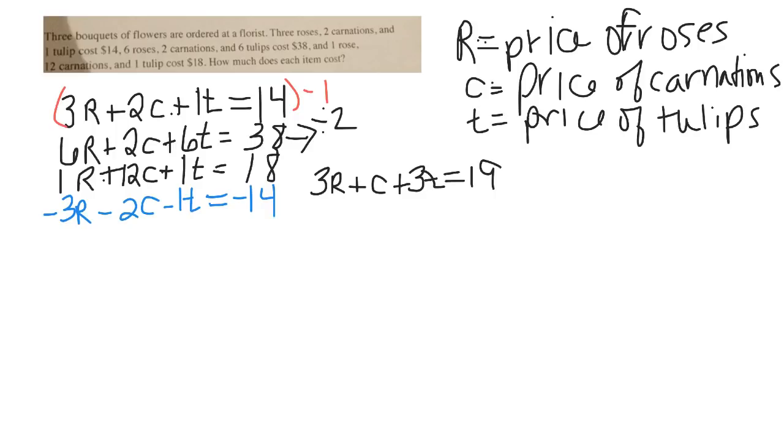So when you're doing this, make sure you check that your distribution is correct. And we get negative 2r plus 10c. My t's eliminate. Equals 4.